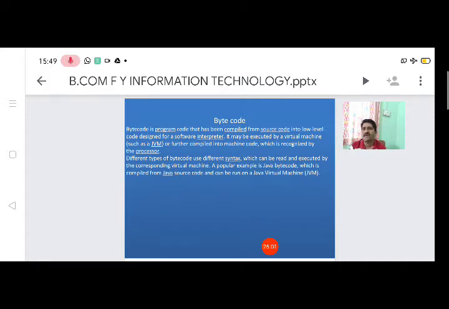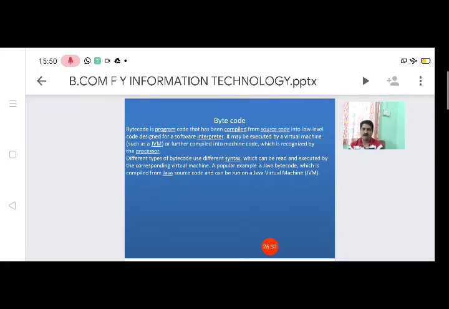Different types of bytecode use different syntax, which can be read and executed by the corresponding virtual machine. A popular example is Java bytecode, which is compiled from Java source code and can be run on a Java virtual machine called JVM.